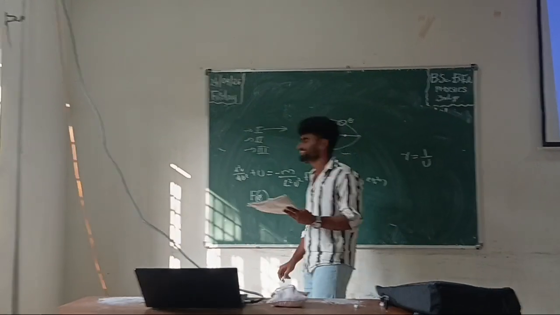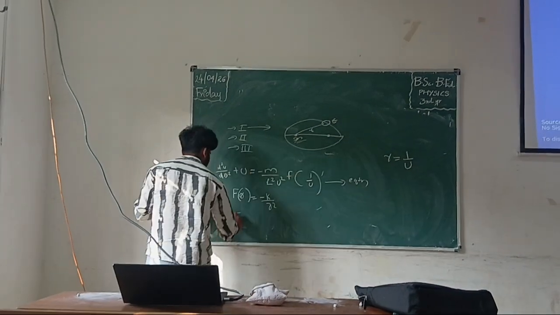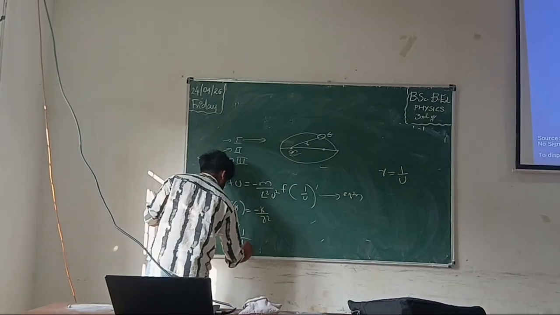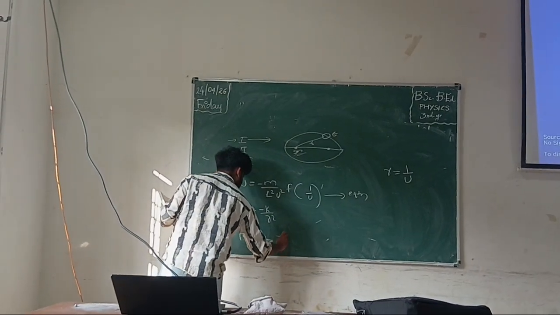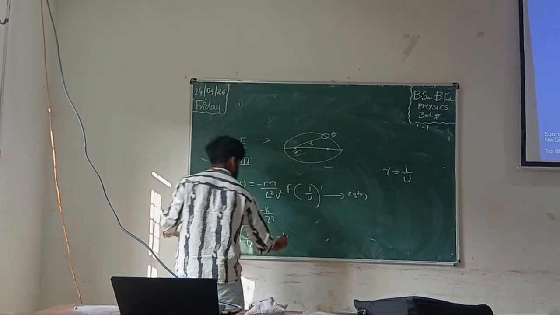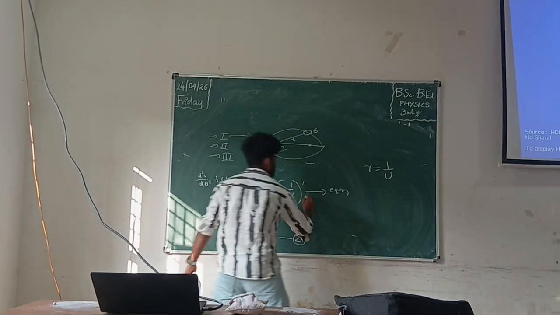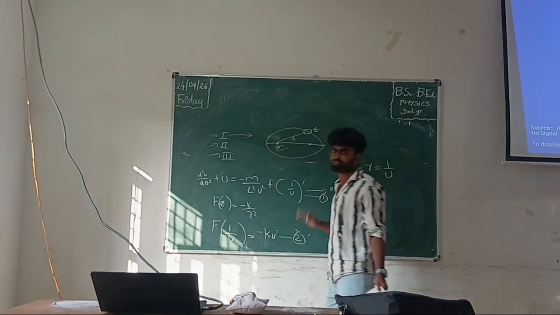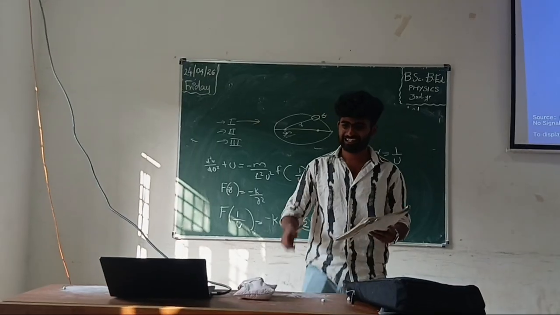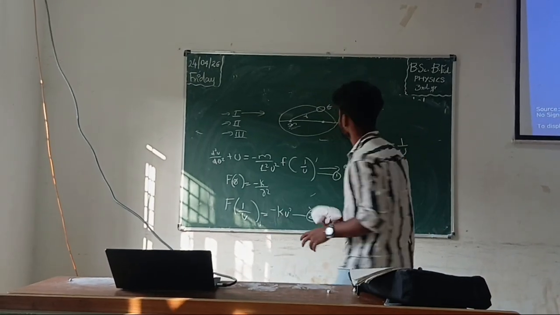This is the equation of orbits, and this is the inverse square law. Substituting r is equal to 1 by u, f of 1 by u becomes minus k u square. So this is the second equation and the orbit equation is the first equation. We got two equations now.